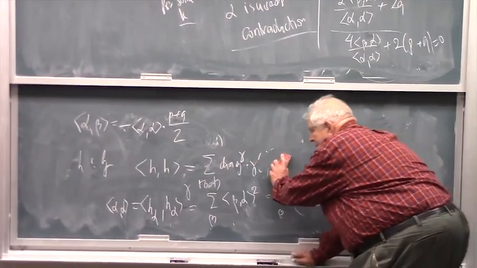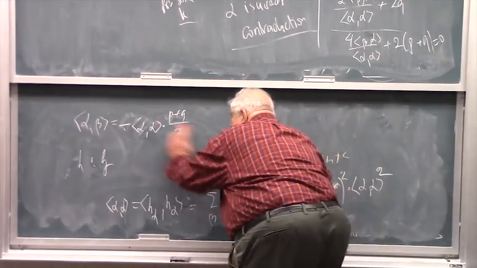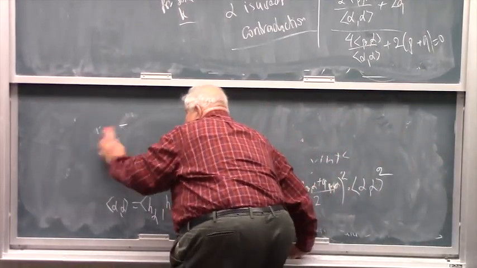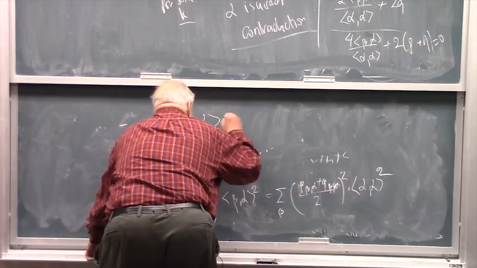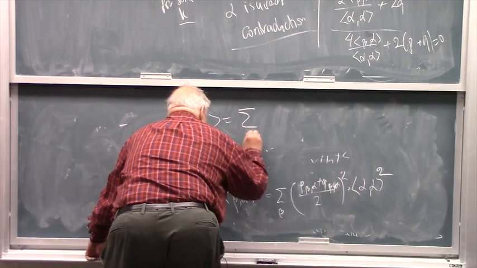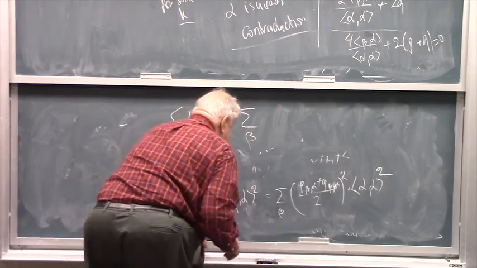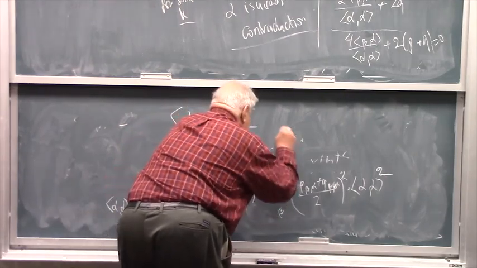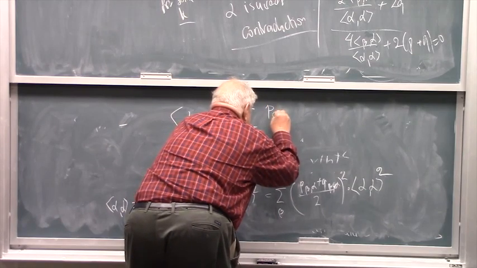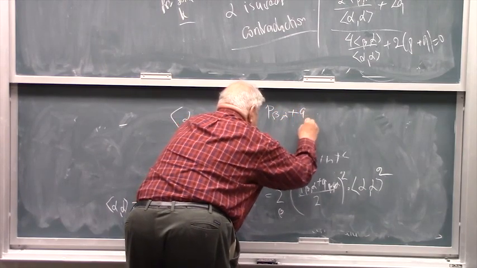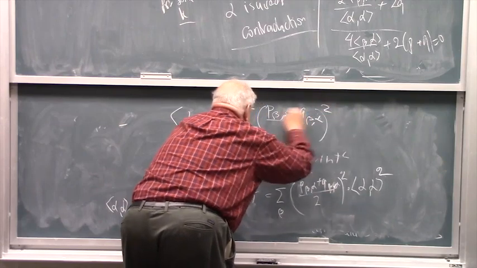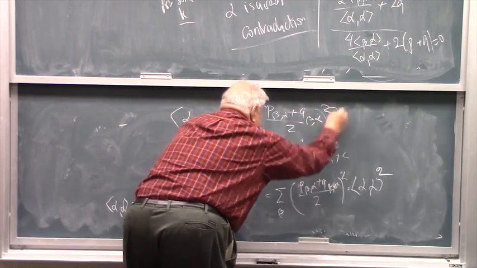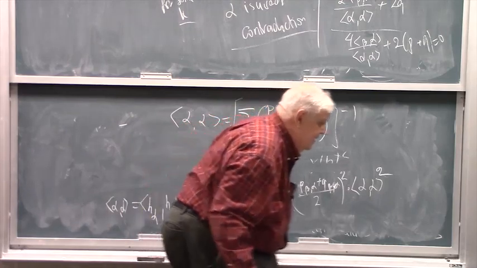I cancel (alpha, alpha), and I write (alpha, alpha) is the sum over all roots beta of (p(beta, alpha) plus q(beta, alpha)) over 2, squared, and all this inverse.